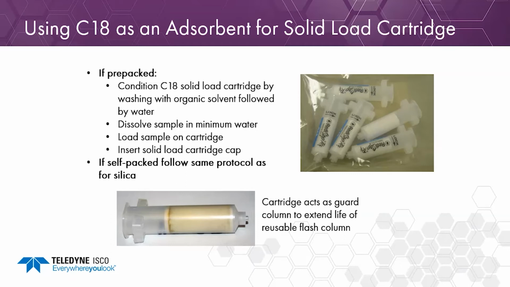The neat thing about the C18 solid load cartridges, and a reason to use them when you're using the reusable C18 flash columns, is that it acts basically as a guard column to extend the life of your flash column. Because these columns are reusable in the reverse phase, you don't have the swelling of the column body with the extended solvent use.